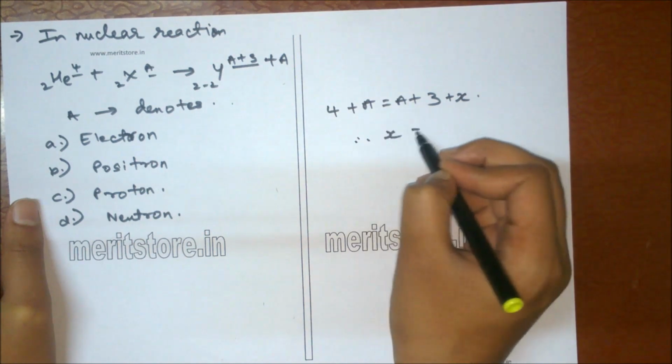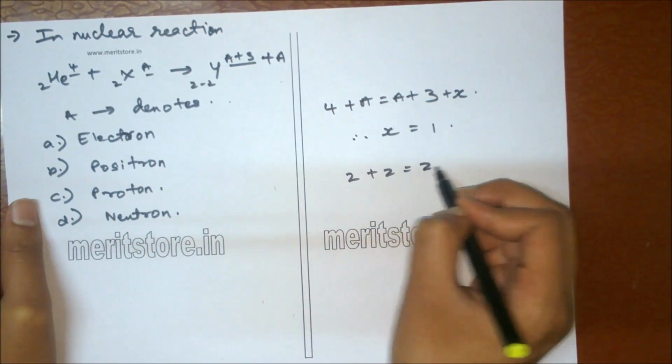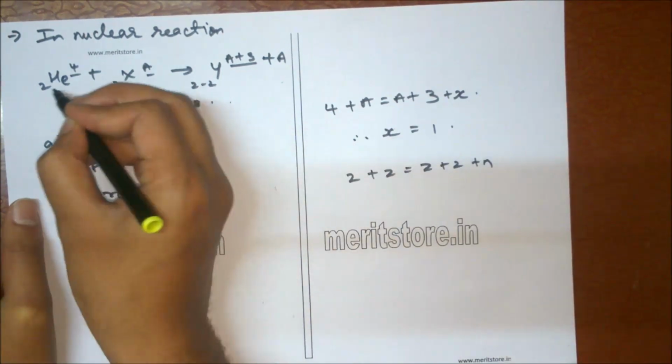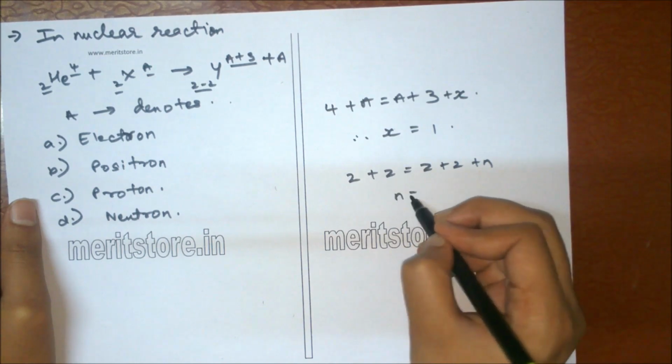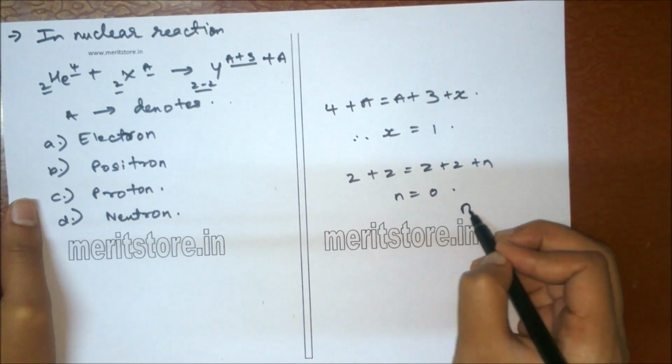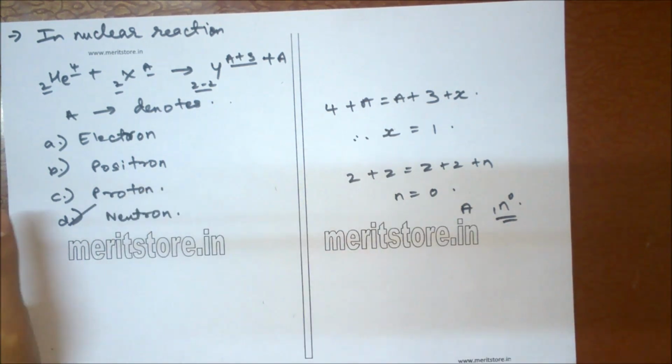So x comes out to be 1. 2 plus Z is equal to Z plus 2 plus n. So here n is equal to 0. Therefore A is 1 0 n, a neutron. Option D is the correct answer.